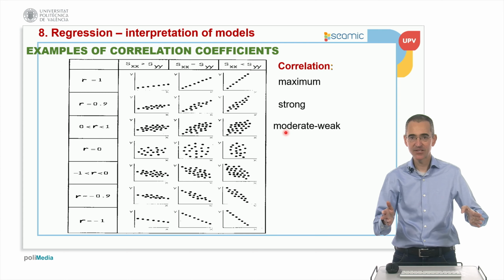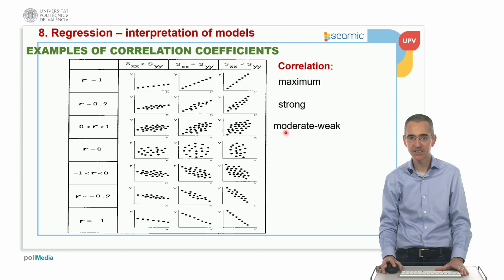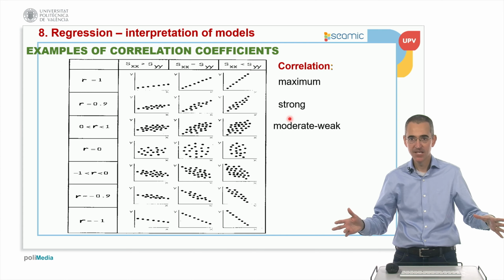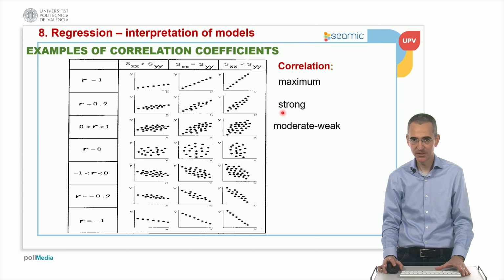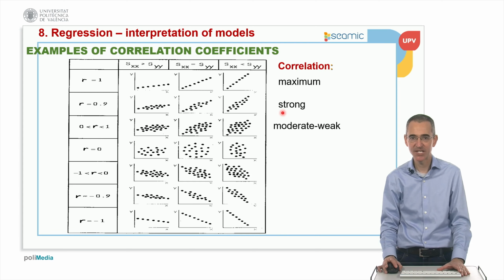Well, in statistics, there are no fixed intervals of the correlation coefficient where we classify that as weak, moderate, or strong, because it depends on the area of the sciences. There are sciences where strong correlation implies that points are nearly aligned, and in other sciences values of 0.85 or something like that might be considered a strong correlation. These are examples where the correlation is null. We cannot see any kind of trend, increasing nor decreasing.